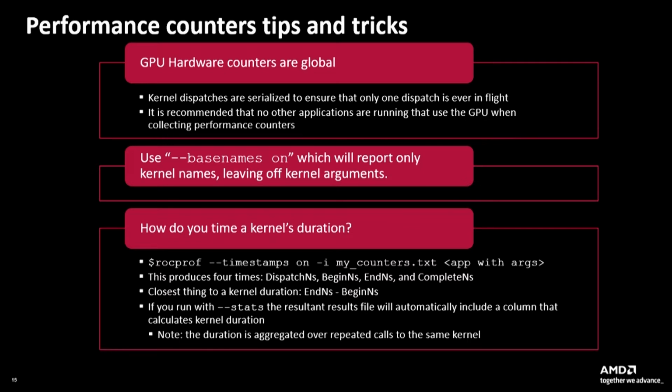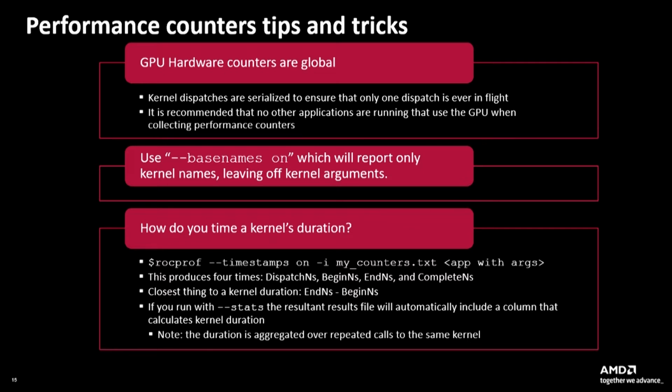So make sure that when you're profiling your application using rocprof, there are no stray processes running and utilizing that GPU, because otherwise it can really pollute and corrupt your profiling data. I've already said this before: please make sure you're using base names on, otherwise it can really clutter your CSV files, explode their size, and make them unmanageable to open.